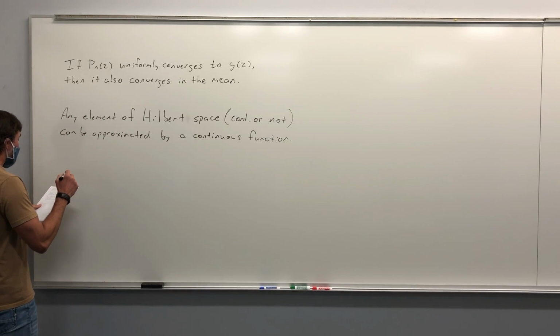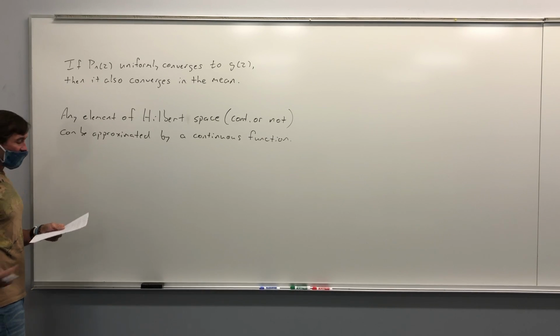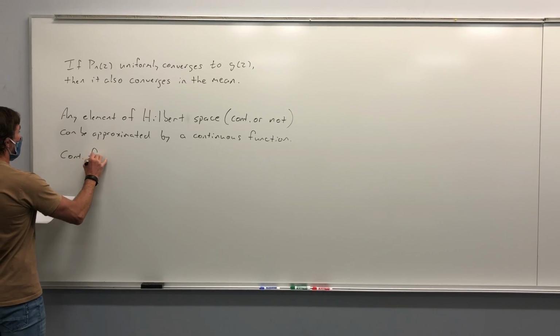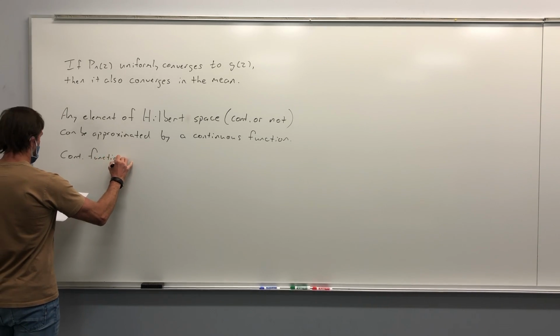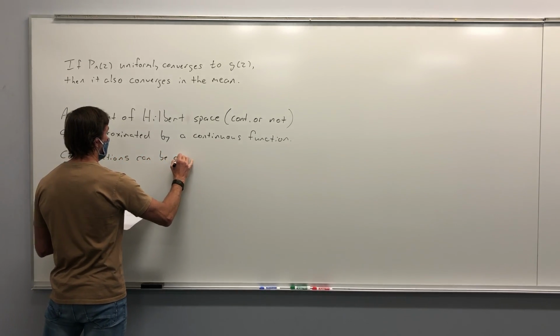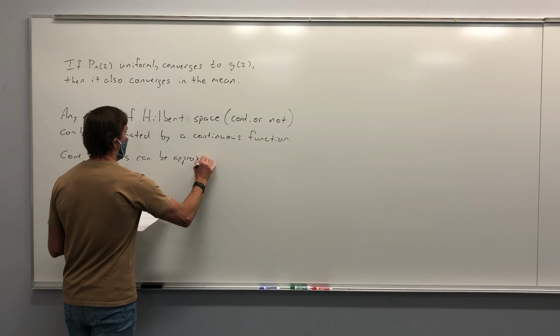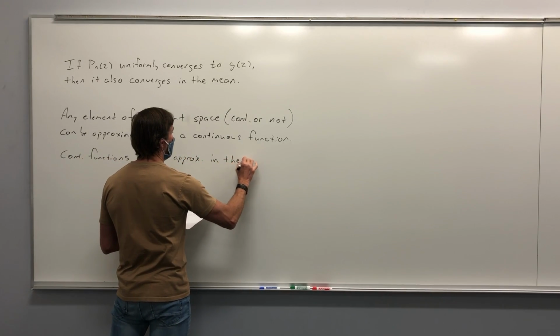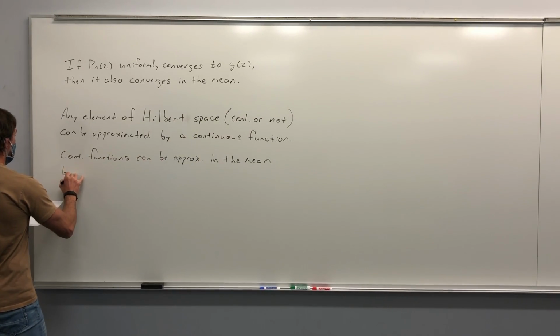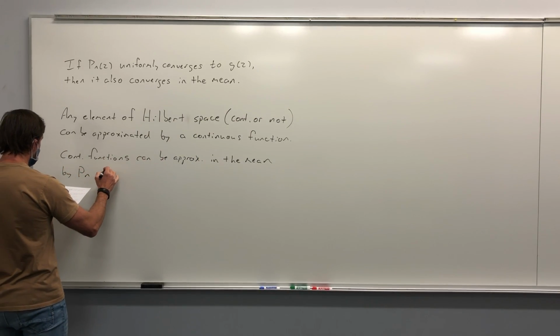Then we have the following result, which is due to Weierstrass. Continuous functions can be approximated in the mean, and you might not remember this from my last meeting, by a polynomial sequence P_n.